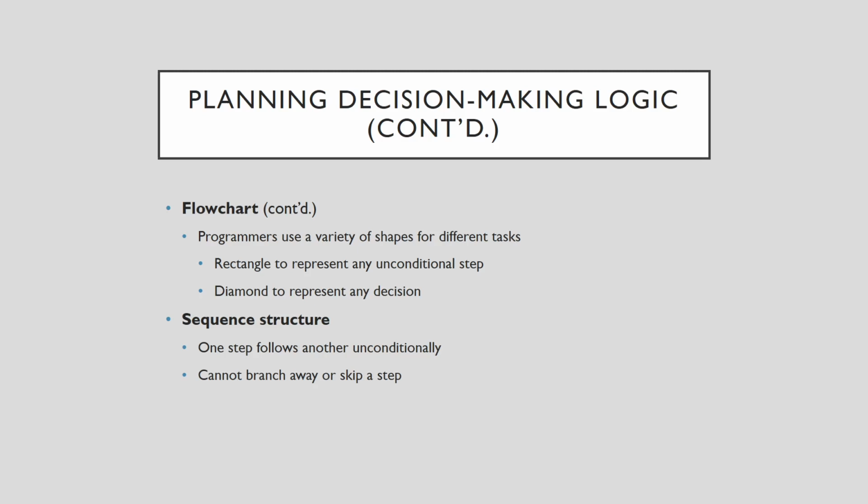Remember, in the last modules, we used programs in a sequence structure in which one step follows another unconditionally, meaning there are no options, there are no decisions that happen in a program, meaning all of these steps are being executed sequentially.